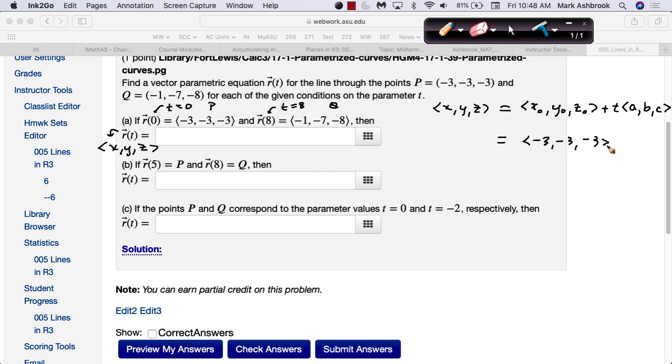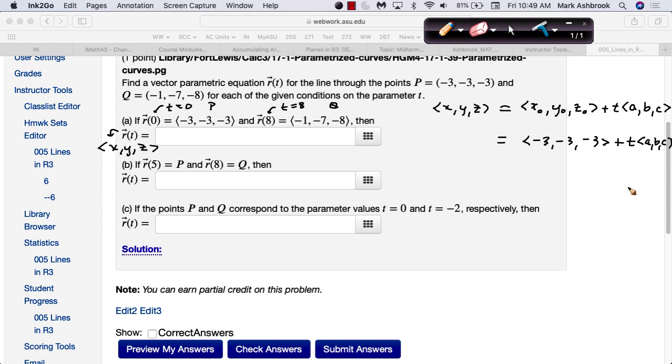Very good. Okay. Now, the other thing is that when we plug 8 in for t, we want to get the point Q. Remember, any scalar multiple of the direction vector of the line will work. So there's only one that's going to be such that when we plug 8 in for t, this is going to give us point Q. That's the one we need to find.